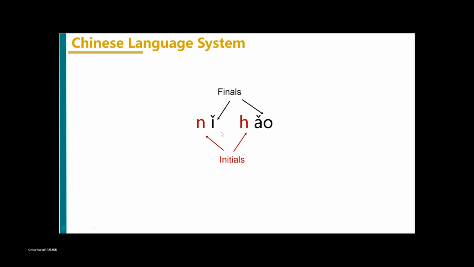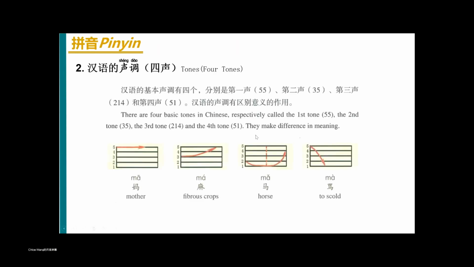Apart from 声母 and 韵母, some of you might have noticed that we have a little mark here, right? A little mark which we don't have in the English language. So what's this? This is what makes most foreign students headache, the tone, the Chinese tone.